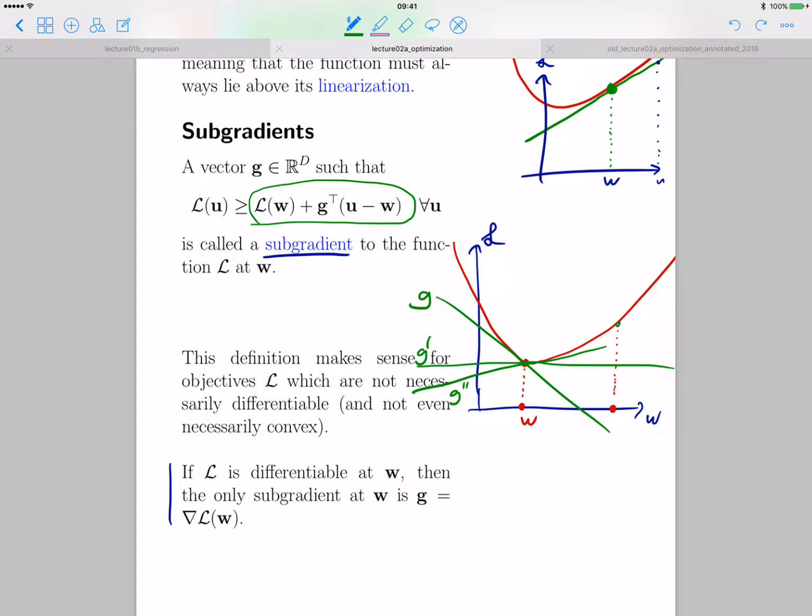And if there is only one subgradient, then that thing will coincide with the gradient. If your function happens to be differentiable where you are, then the only thing which satisfies this condition is the gradient itself. That's why they're basically the same thing, but the subgradient generalizes the old definition.